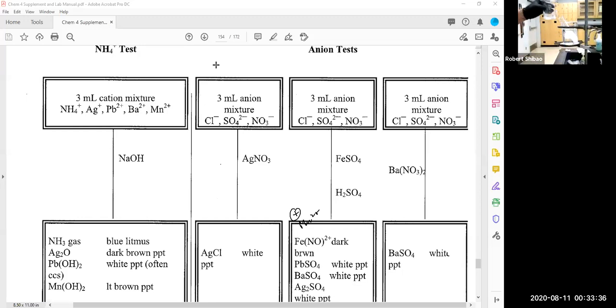Also, heating it helps a little bit. If there's gas, we can heat it a little bit. So I'm just going to warm it up gently here. Let's see if we see any evidence of blue. Actually, no, I don't see any evidence of blue.